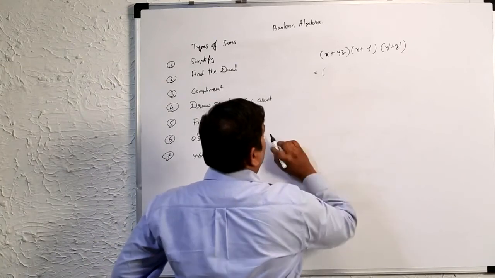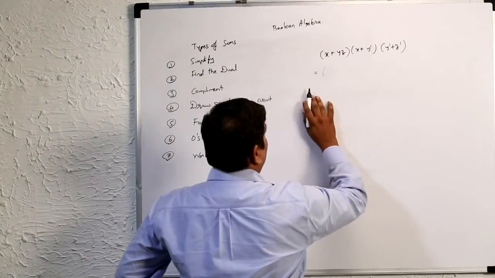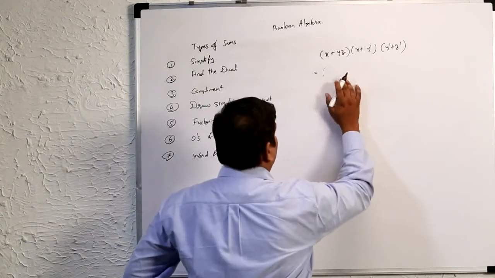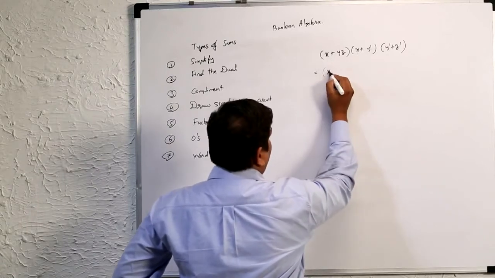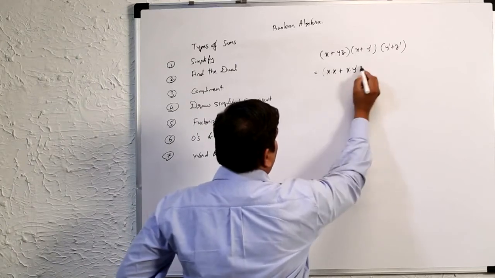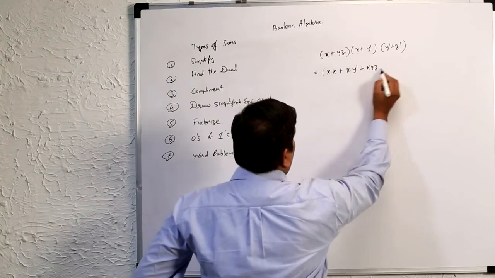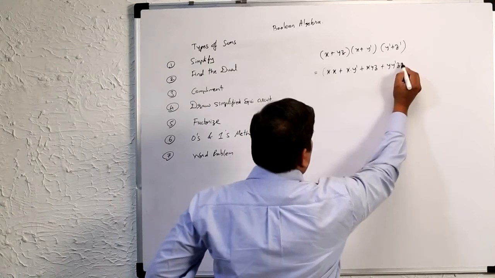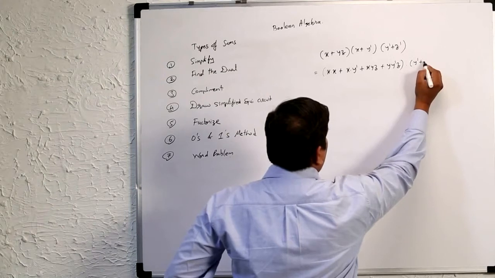You can consider this as two brackets and open this bracket by using distributive property. So we get x dot x plus x dot y dash plus x y z plus y dash z, and the whole thing is dotted with y dash plus z dash.